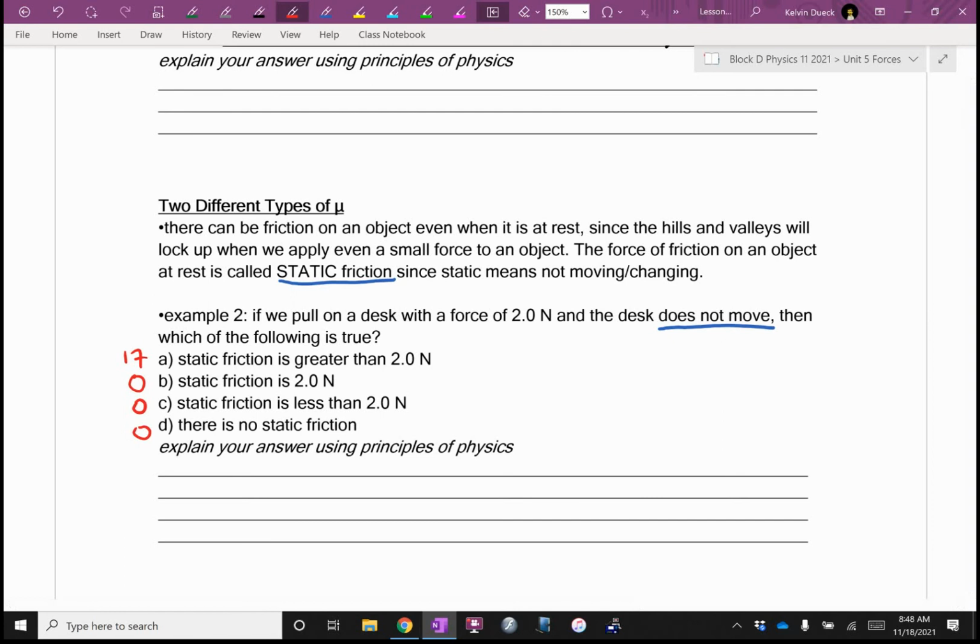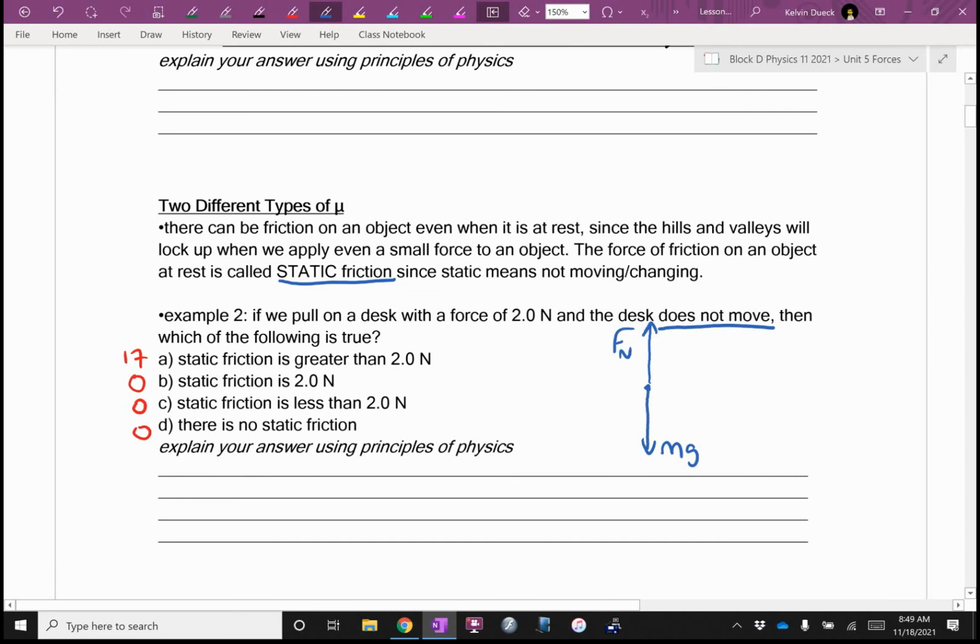You know what this might be a good job for? Let's do a side view of the desk. So sitting where Dan is, what Dan would have seen when Mr. Duick was tugging on the desk. Here's the desk. First of all, what are the forces acting on this desk? One? Okay. What else?